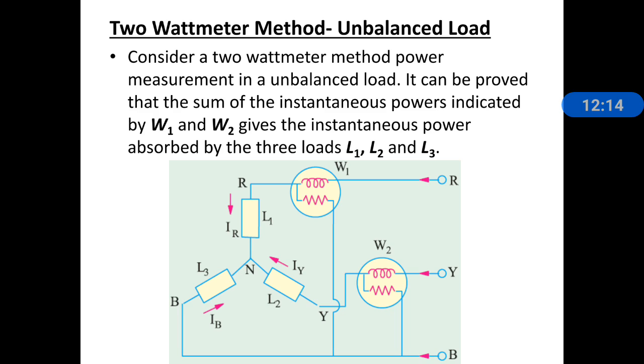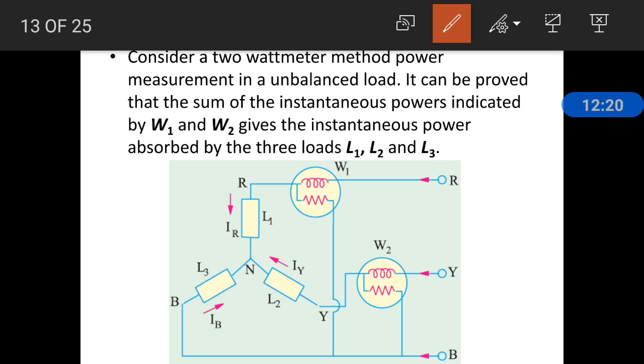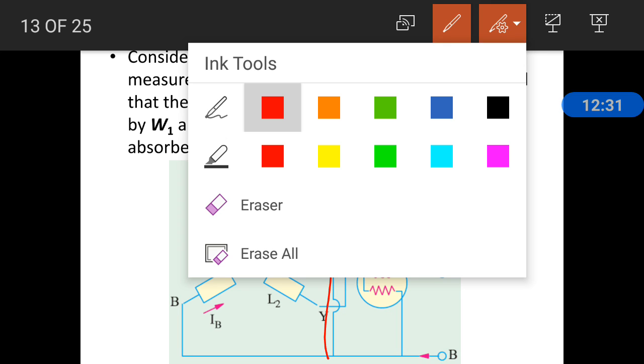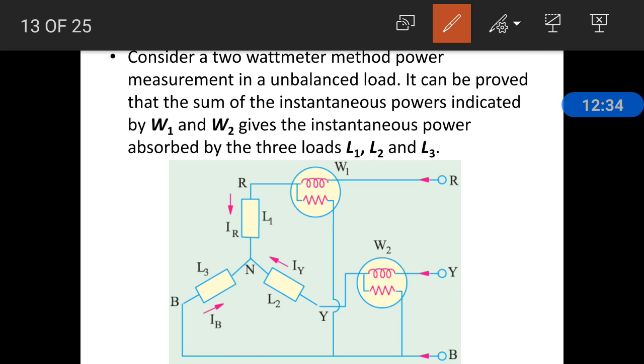W1 has its current coil connected in the R phase, and its pressure coil connected across R and B. Similarly, for W2 the top one is the current coil, connected in the Y line, and the pressure coil is connected across Y and B.